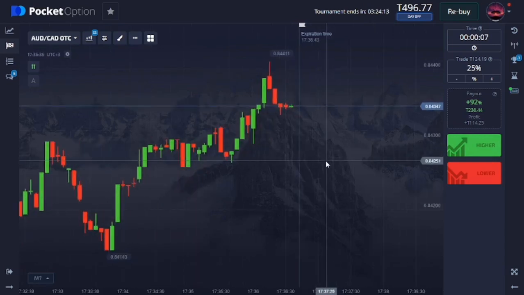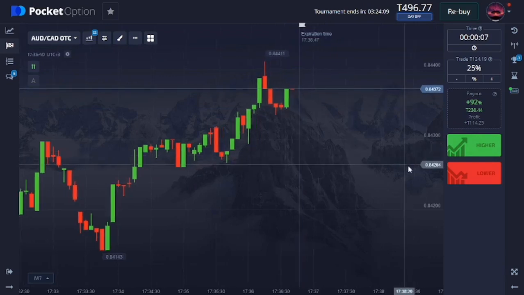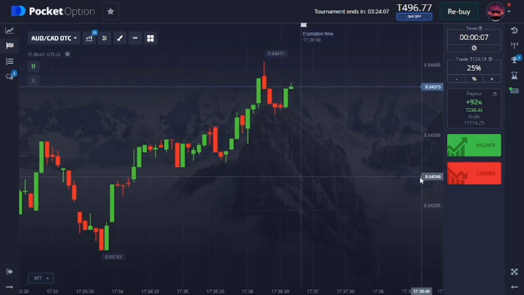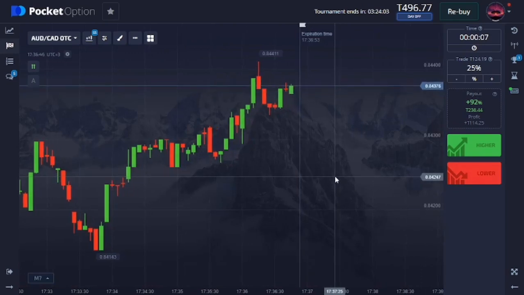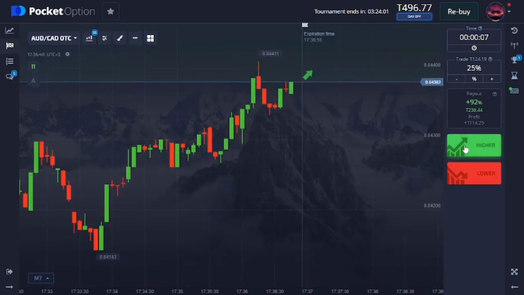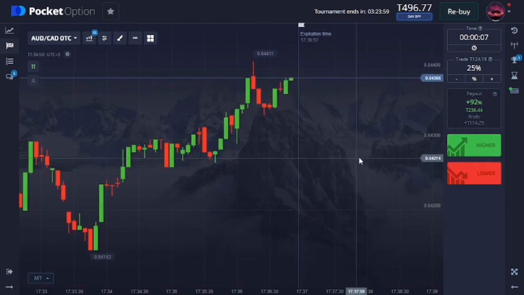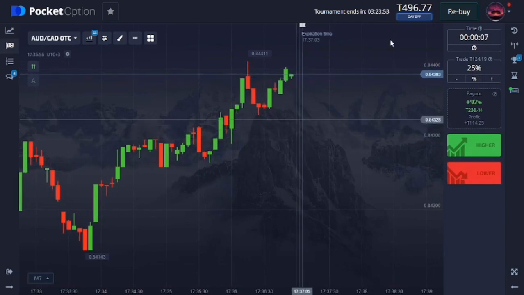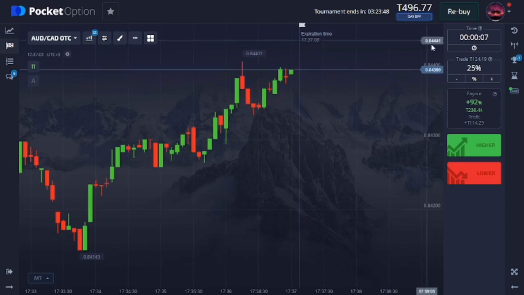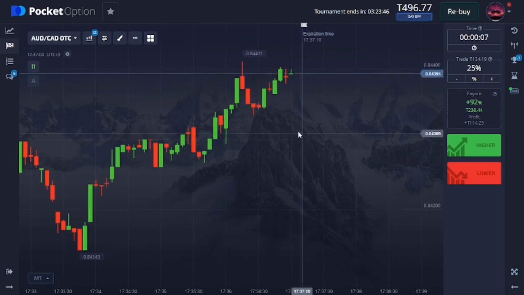But if what I entered seems to be wrong, then I will change it to the downside. If I entered up, then if it is wrong, then I will enter down. It is 7 seconds, 25% investment, 25% of the 500 is, it is right here, it's 124.